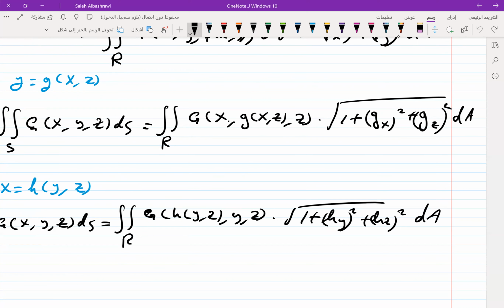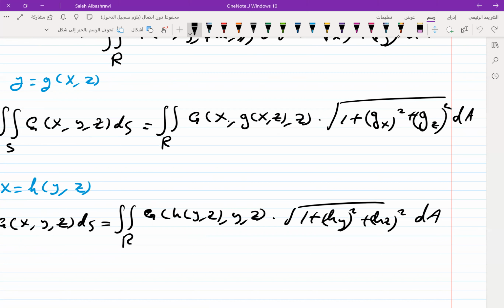So it depends on the variables x, y, and z: writing z as a function of x, y, or writing y as a function of x and z, or writing the variable x as a function of y and z.